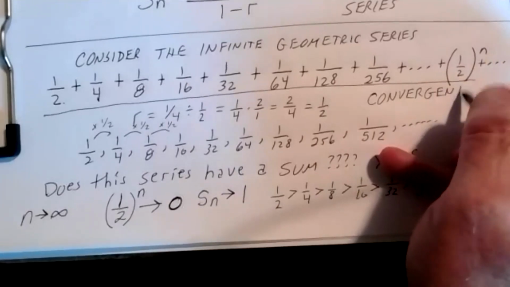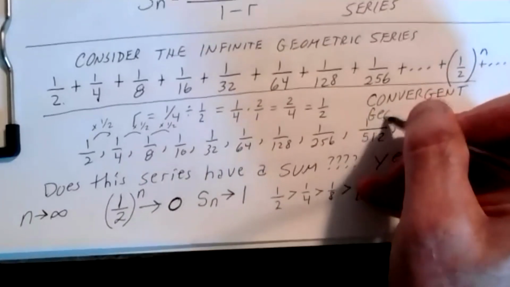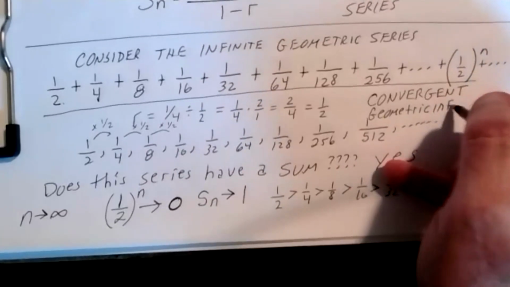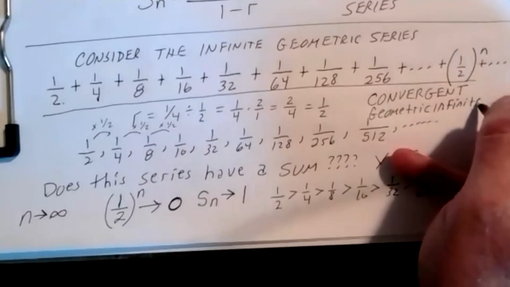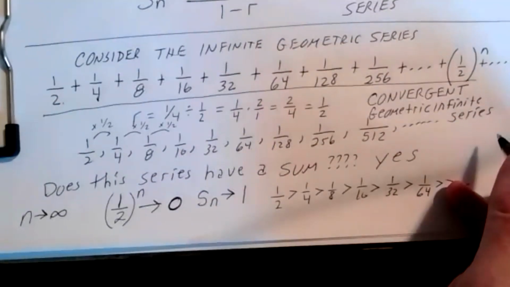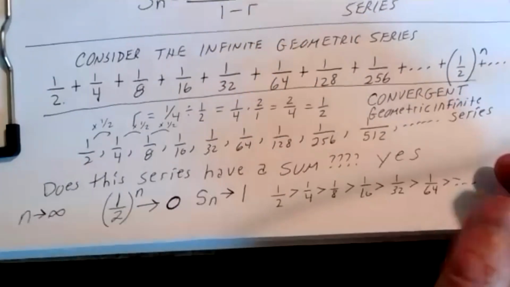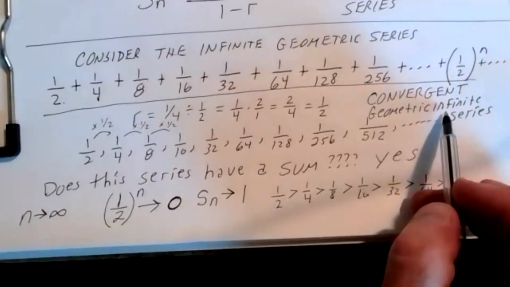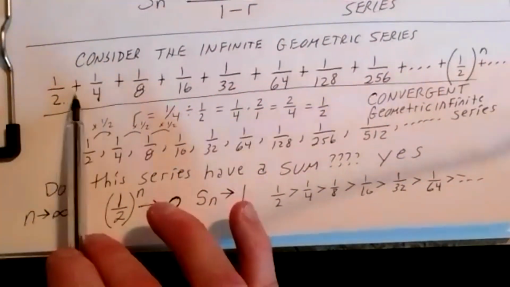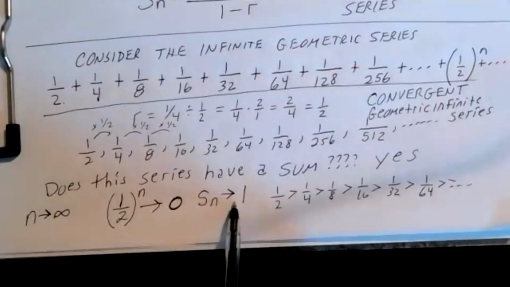It's a convergent infinite geometric series, or a convergent geometric infinite series. We say that this series is converging, and it's converging to a sum of 1.